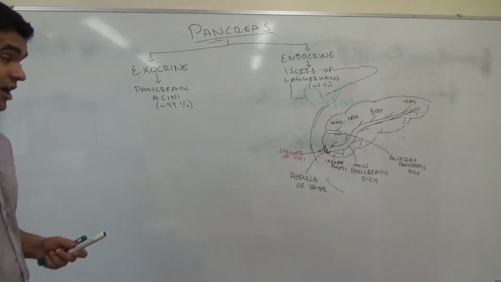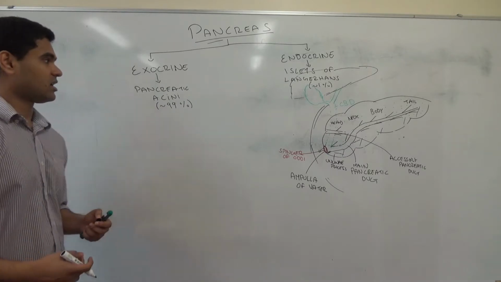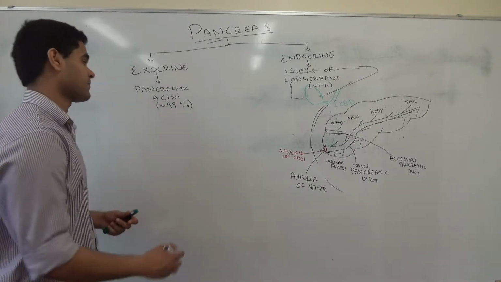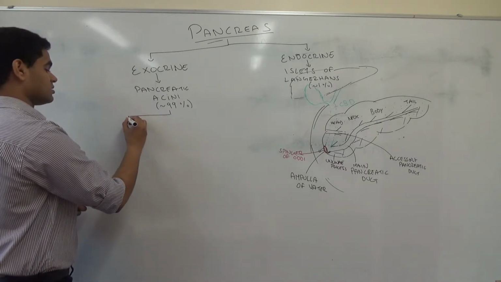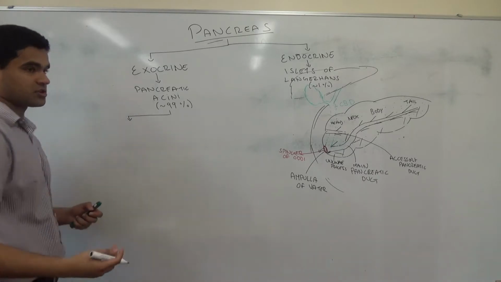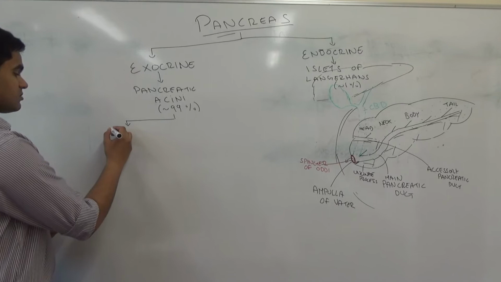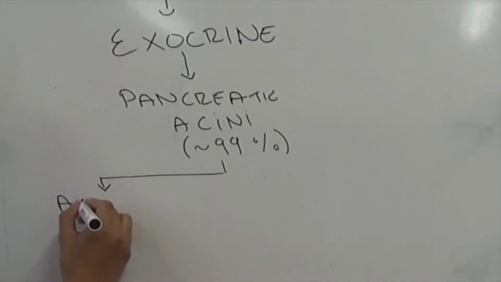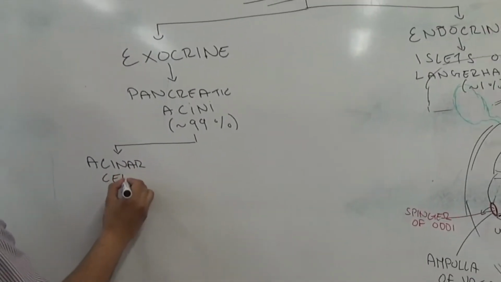Let's talk more about its microanatomy now. So, the pancreatic acini, the exocrine part of the pancreas, can actually be split into two components. One of these components is responsible for producing the digestive enzymes. Okay? And this functional part of the pancreas is called the acinar cells.